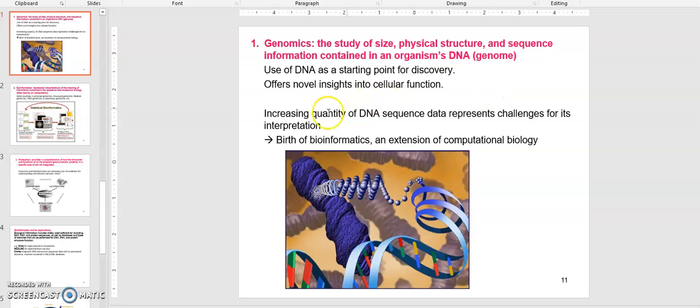Okay, so the bottom line is, yes, the increasing quantity of DNA sequence data represented challenges. So that was the beginning of genomics. That was both the birth of bioinformatics and the extension of computational biology, meaning using computers, especially supercomputers.